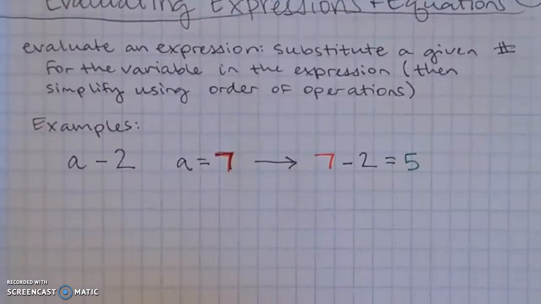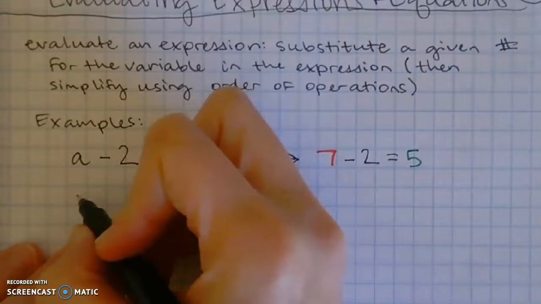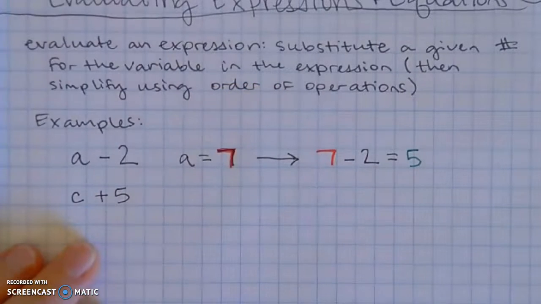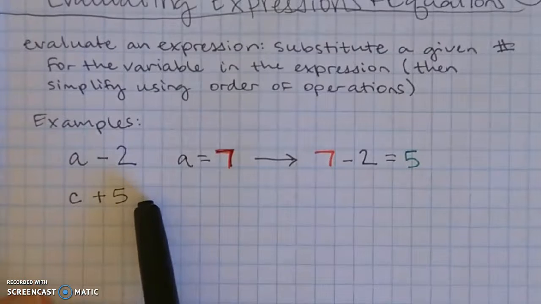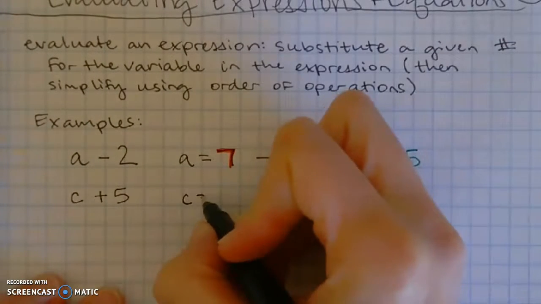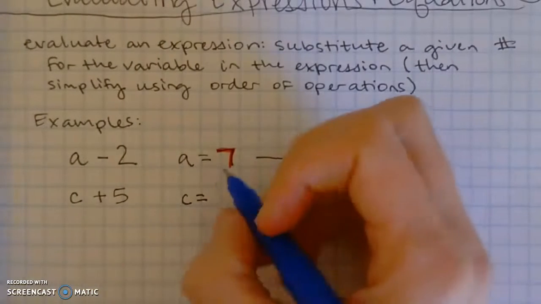Let's practice what an addition problem would look like. So if I had c plus 5, okay, I can't solve it because I don't have the sum right here, but somebody gives me the variable c equals 3.